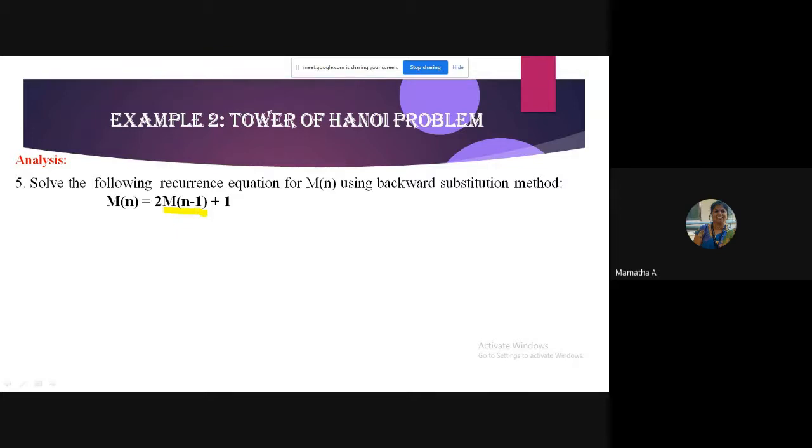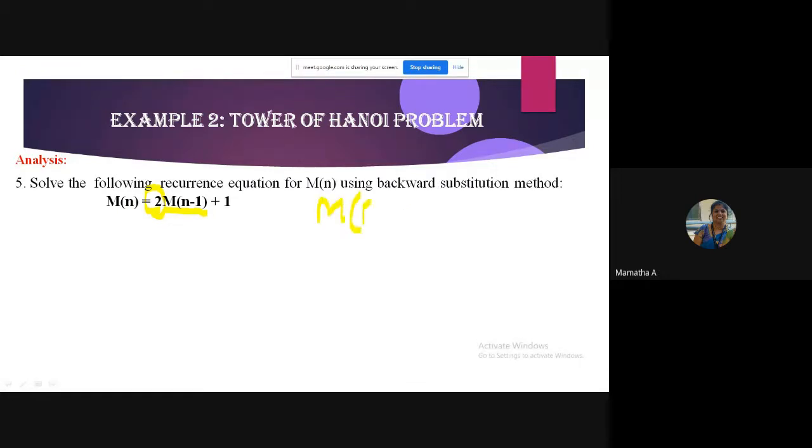Students, speak up. M of n is 2 times m of n minus 1 plus 1. Okay, why did you skip this 2? The 2 is there, as a constant. If you replace n with n minus 1, what will happen? What will I get?